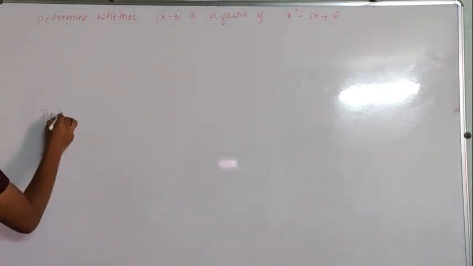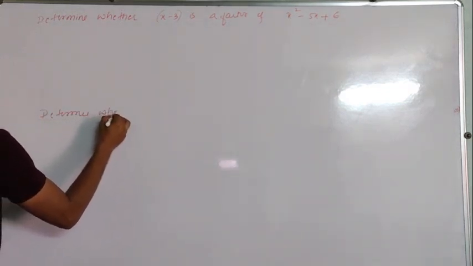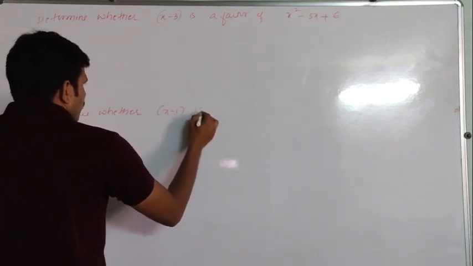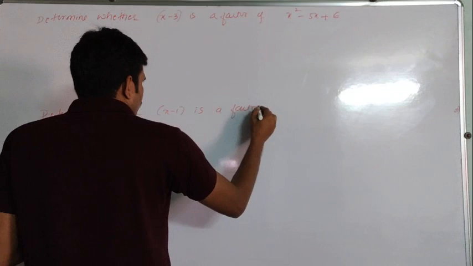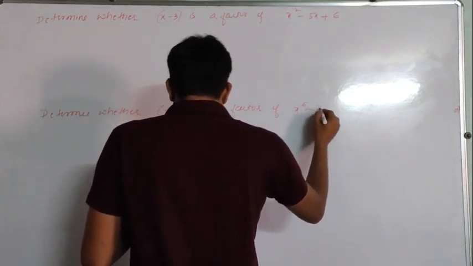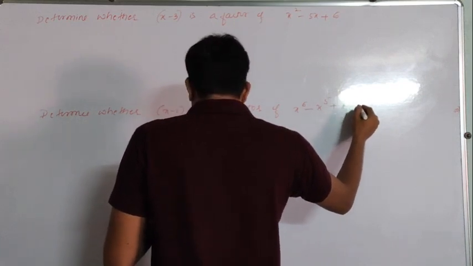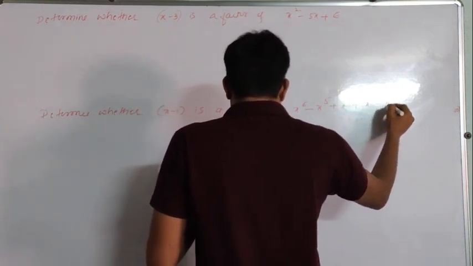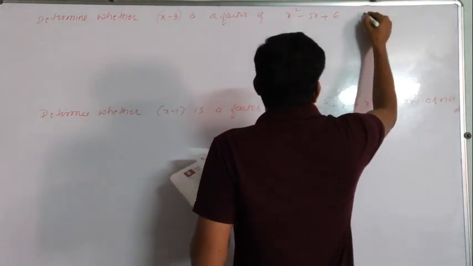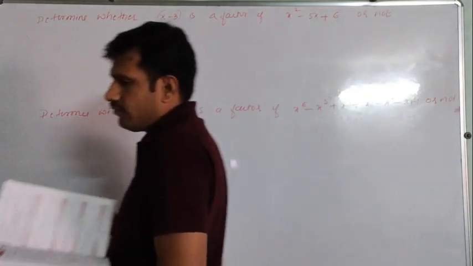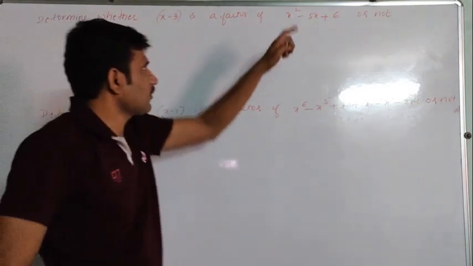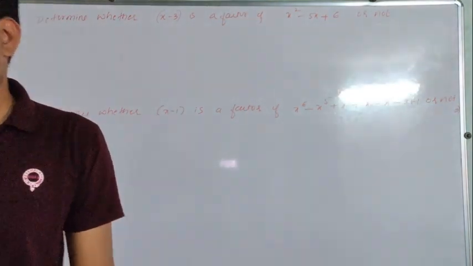Similarly, determine whether x minus 1 is a factor of x raised to 6 minus x raised to 5 plus x raised to 4 plus x cube minus x square minus x plus 1. Determine whether x minus 3 is a factor of x square minus 5x plus 6 or not.